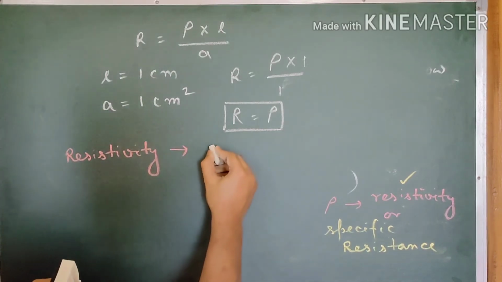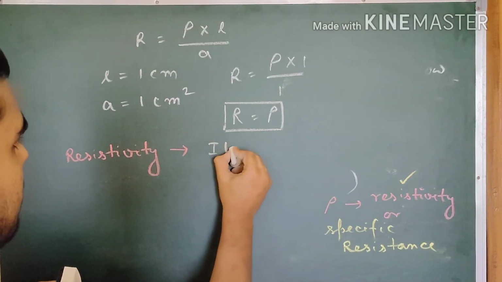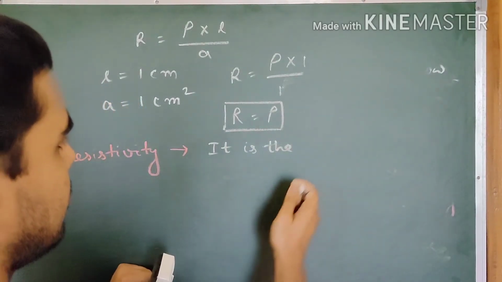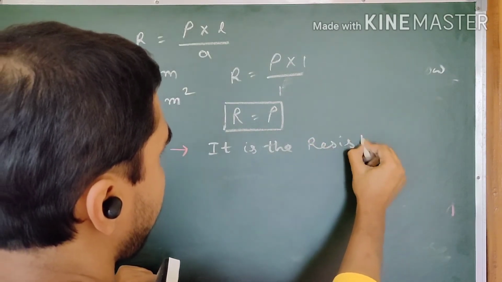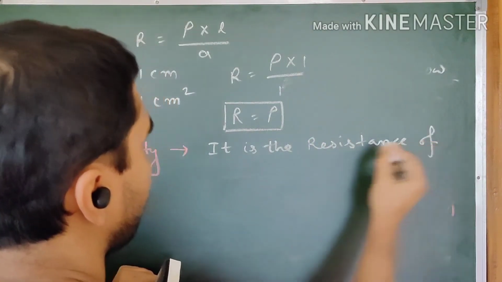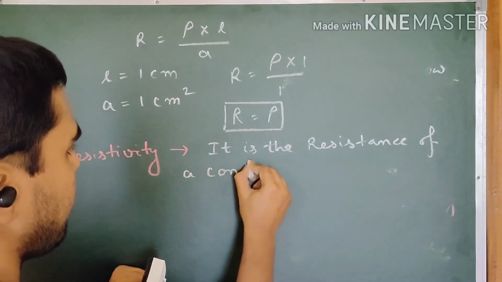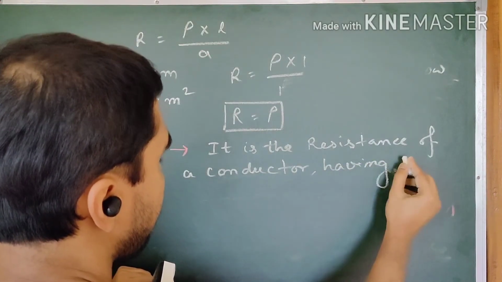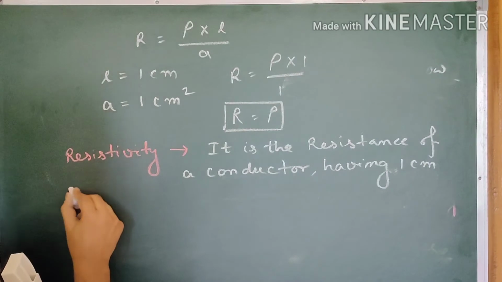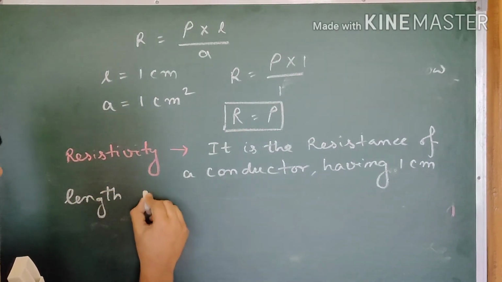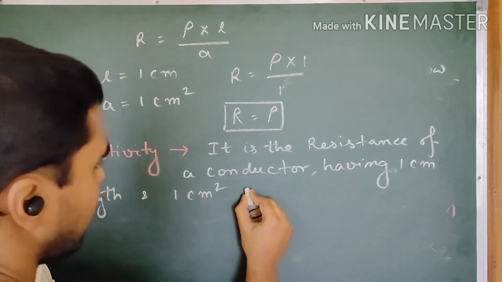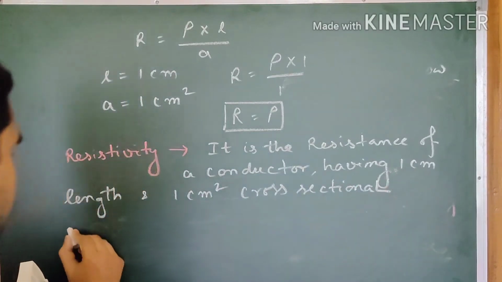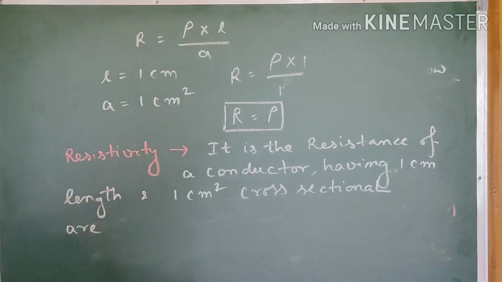So we should be writing: it is the resistance of a conductor having 1 centimeter length and 1 centimeter square cross-sectional area. So it is mathematically established.